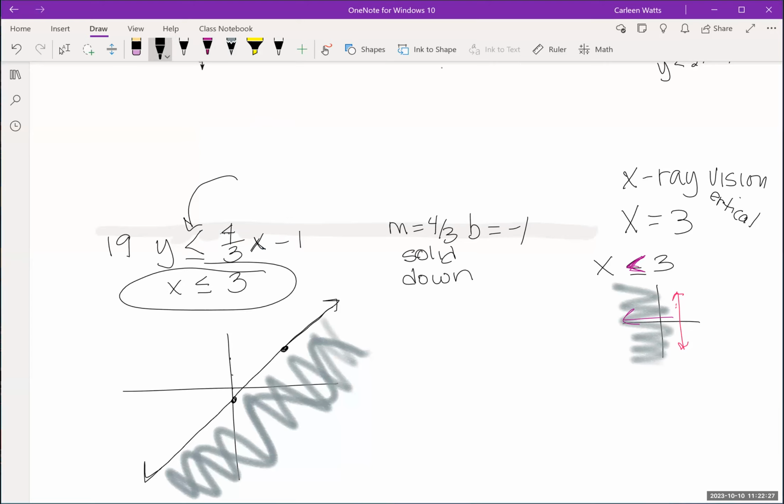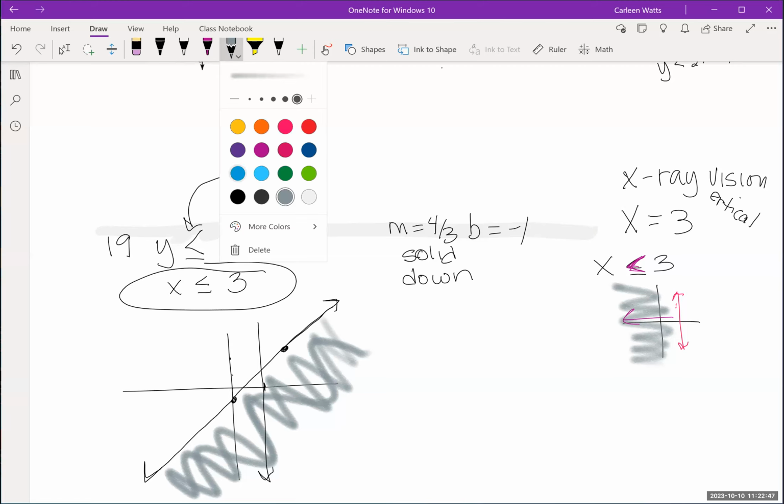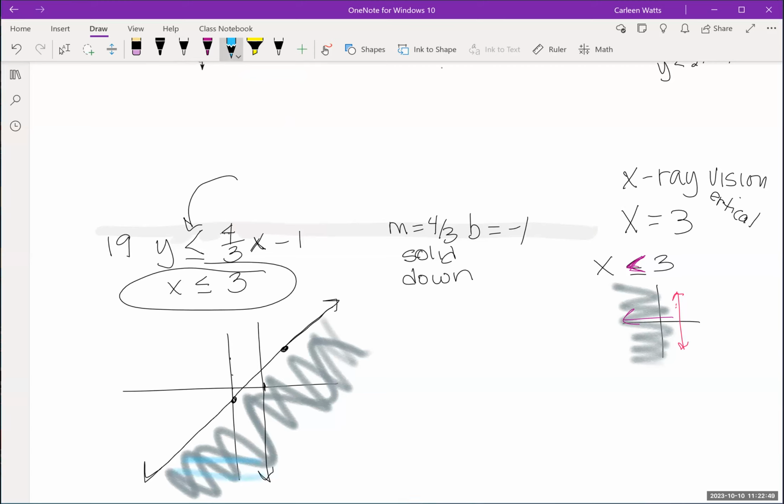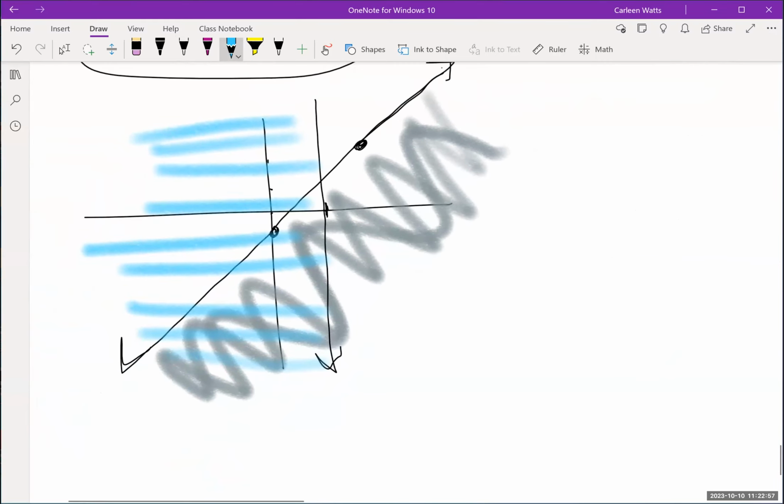Okay, so now I'm going to graph 1, 2, 3. Solid line. Shade left. Now that's just a hot mess. This is my Y axis.